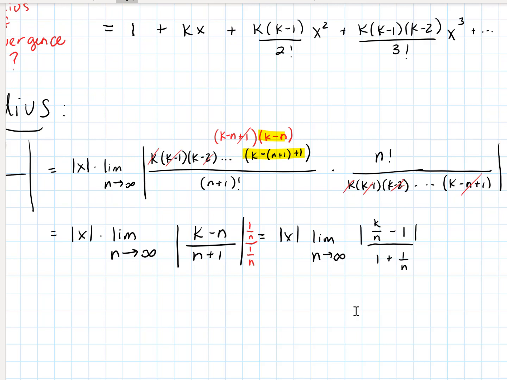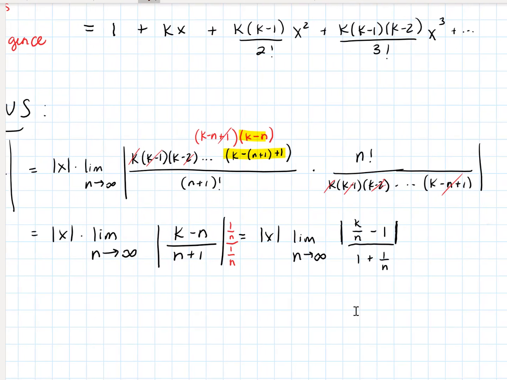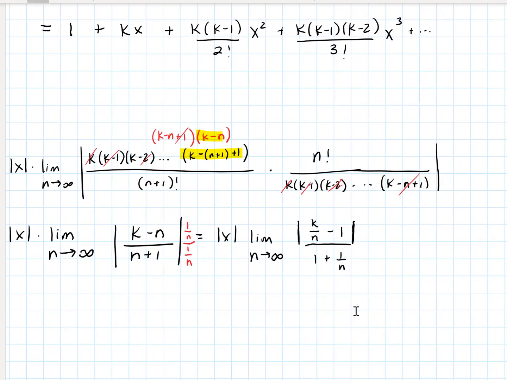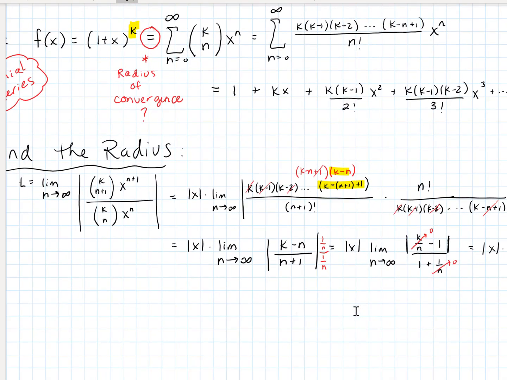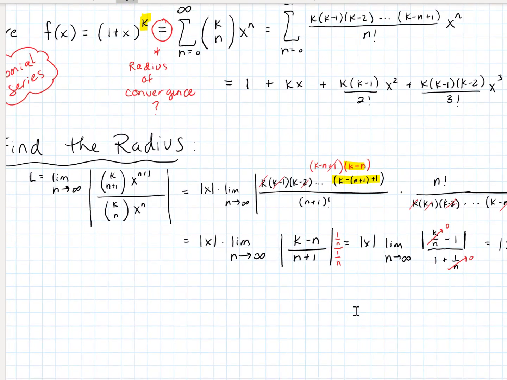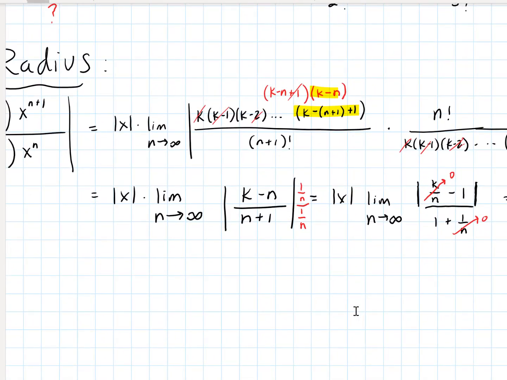Okay. And so as we go, it turns out it doesn't matter what k is, a real number. And so as n approaches infinity and grows without bound, this will eventually approach 0. This will also approach 0. And we end up with the absolute value of x times 1. And so by the ratio test, whatever this limit is right here, this L that we've defined, and the limit has come out as just the absolute value of x, that will converge when that is less than 1.